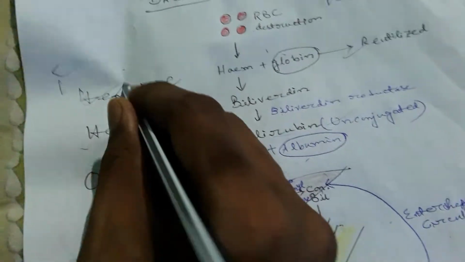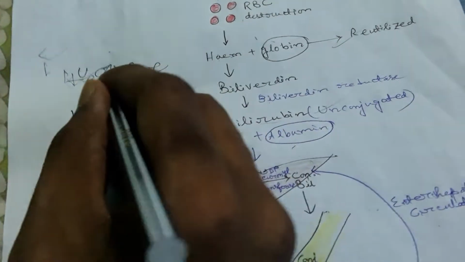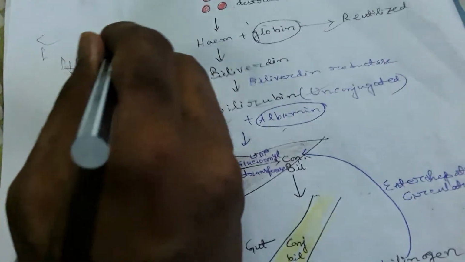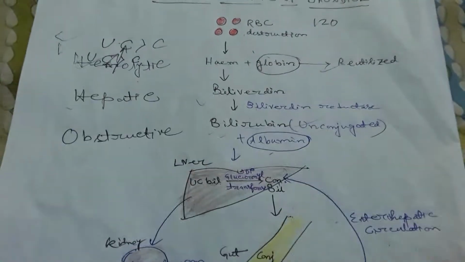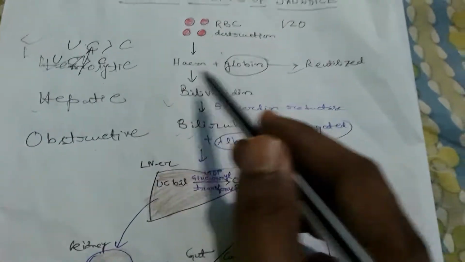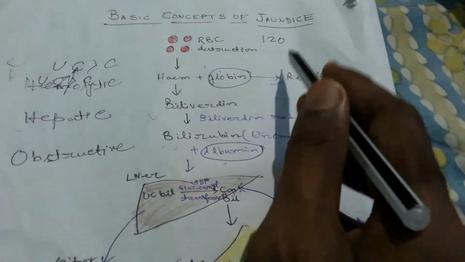So in hemolytic anemia there will be unconjugated bilirubin more than conjugated. Now, in case of hepatic jaundice, there is no such RBC destruction, but it is normally destroyed in 120 days.